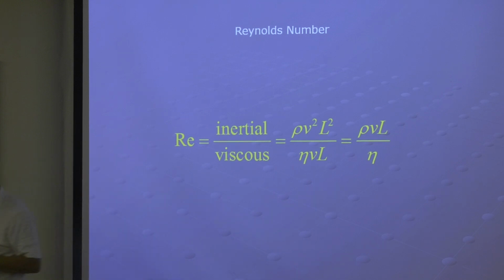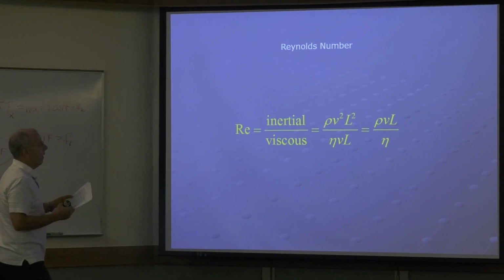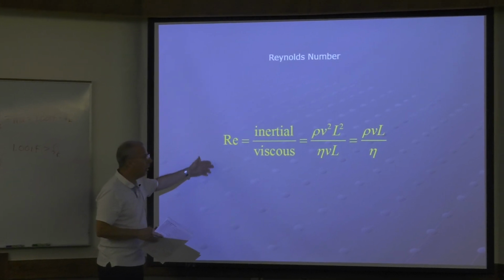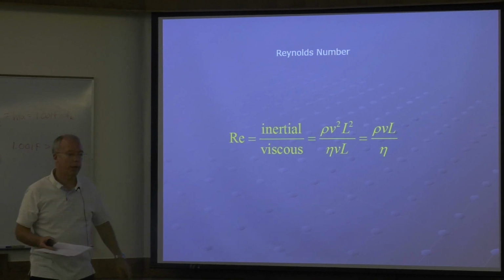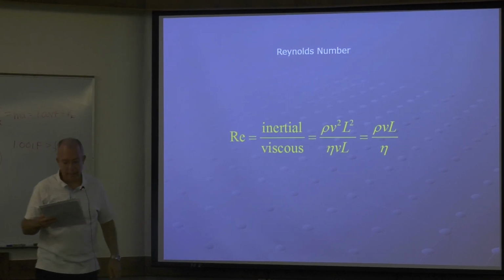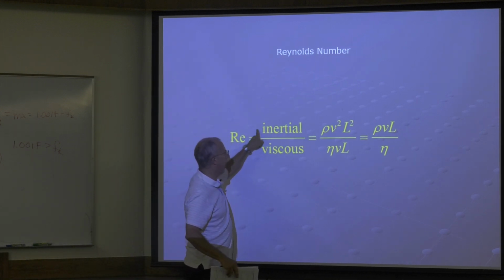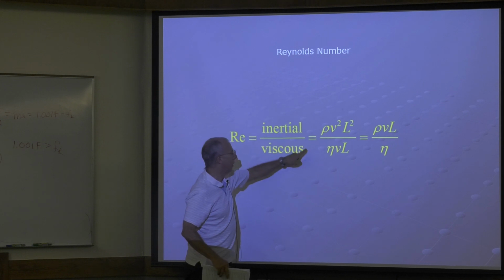To keep it simple, you can have a large Reynolds number or a small Reynolds number. If you have a really large Reynolds number, like 1,000 or something, it means that the inertial drag is much, much bigger than the viscous drag.